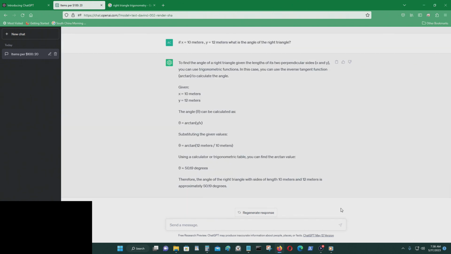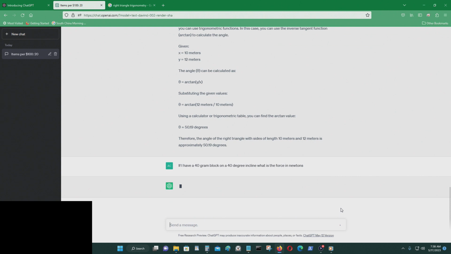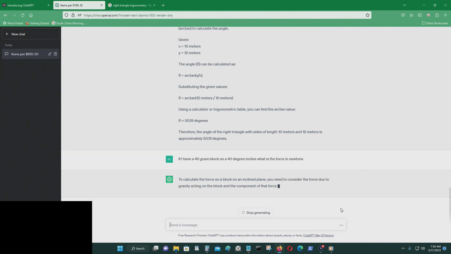Let's see, let's do another physics problem. Okay, if I have a 40-gram block on a 40-degree incline, what is the force in newtons?